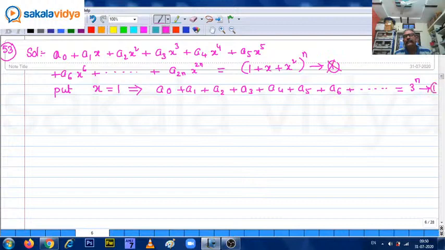Say this is equation 1. So you leave this one. Okay, this is the first one.